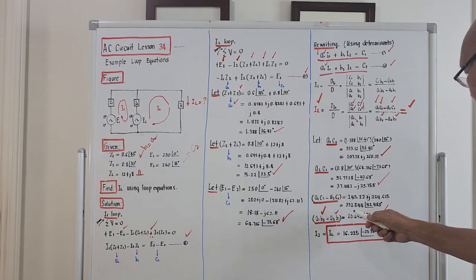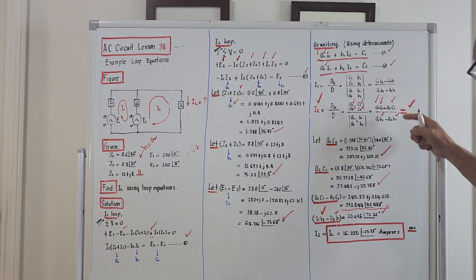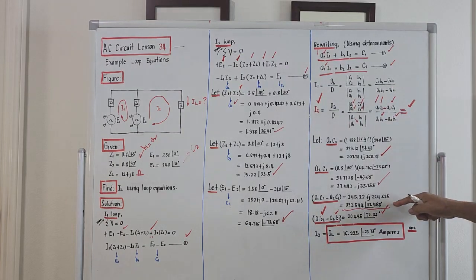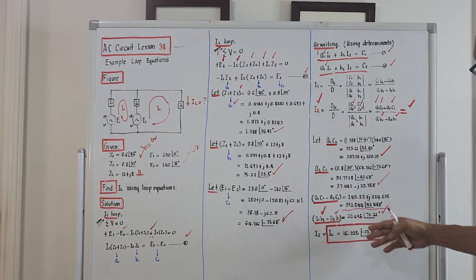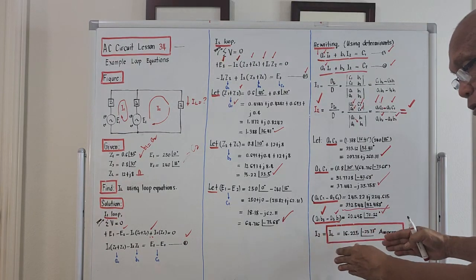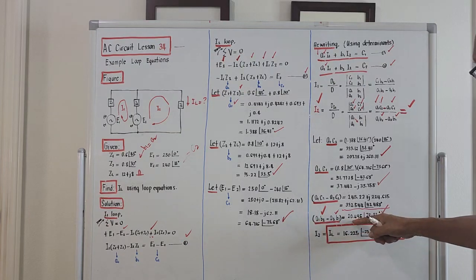So if we try to divide this, the operation is division. We now know the difference of A1C2 minus A2C1, but it's this. And A1B2 minus A2B1, I have the computation, but I didn't place it here. We lack space. The polar equivalent is 20.495.